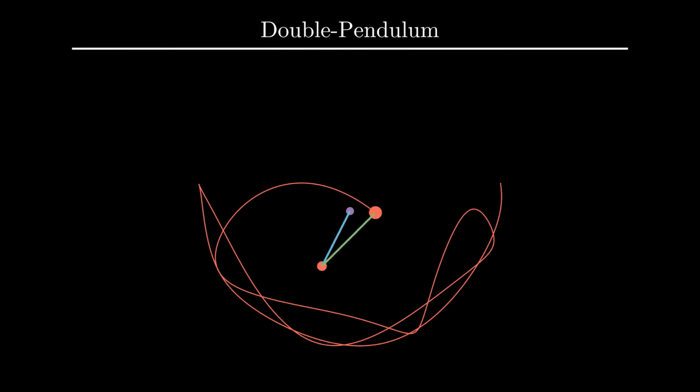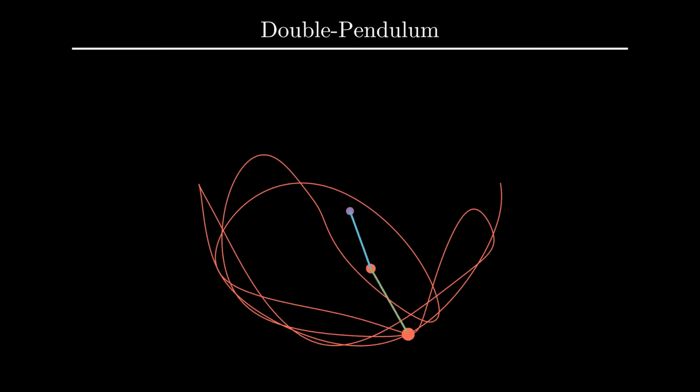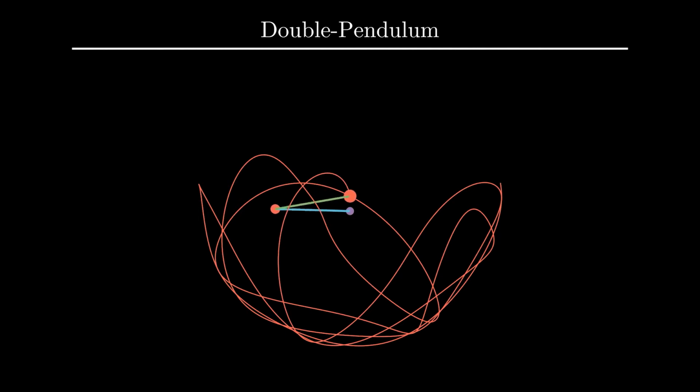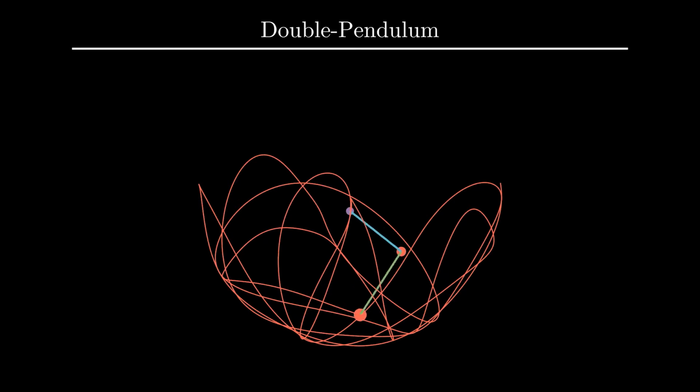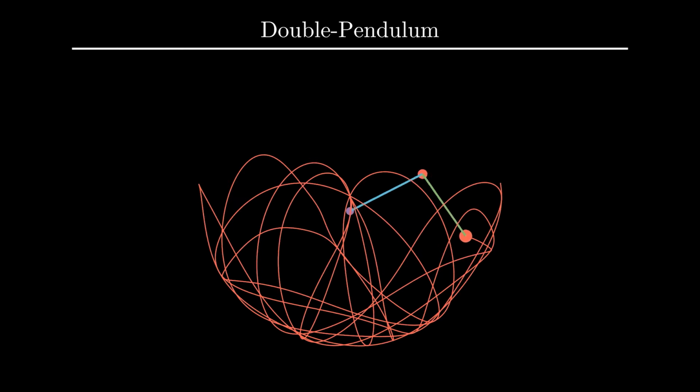What's going to happen in a double pendulum problem? You're going to see there are two bobs with some rods attached, and it's going to go in a random motion, and not really random because this is deterministic, but you can see it's really chaotic motion.